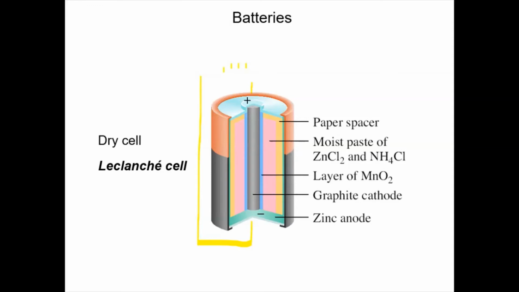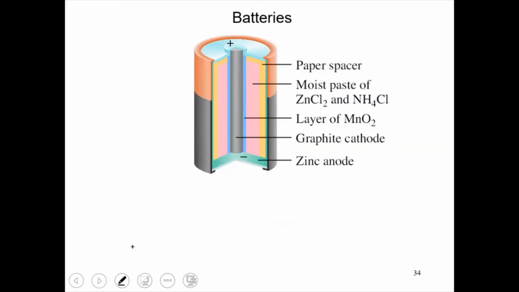So let's see what the reactions are in a typical, what we call a dry or Leclanché cell. All right, let's go ahead and do that. And let's look first of all at what happens at the anode. So at the anode, you have zinc being oxidized into zinc ions, releasing electrons, which again, when the circuit is closed, or let's say when the battery is in the device and you turn the power on, electrons are going to flow to the cathode.